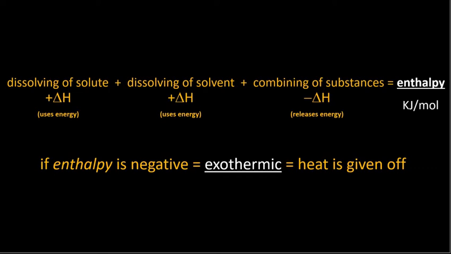So if you have a chemical reaction and you were feeling or measuring the heat of that reaction, it would be getting hotter. You would feel the beaker or whatever getting warm. This would be if you're talking about combustion or some of those explosions you saw, things like that.